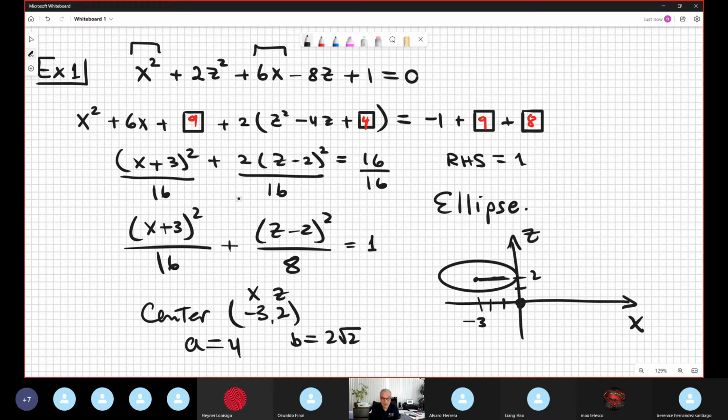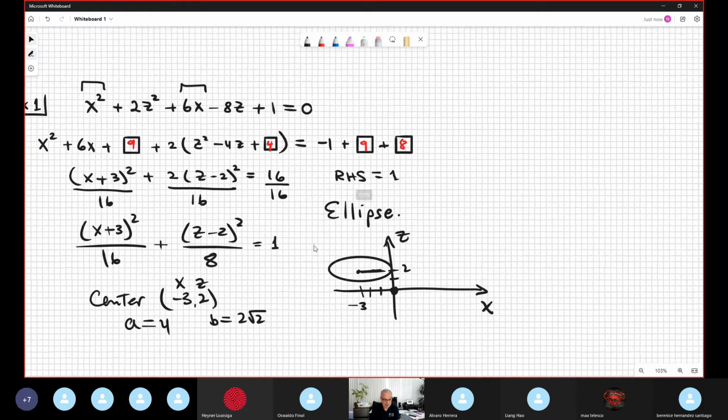So what is the classification of this surface? It's an elliptical cylinder. So it's important, first name and last name. What is the first name? Cylinder, because that's the most important. And we have different cylinders.